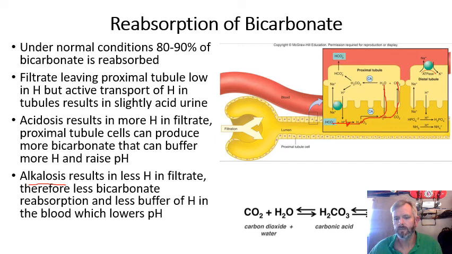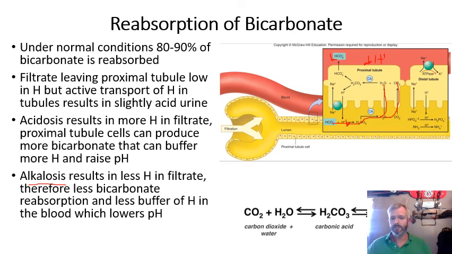So if there's lower amounts of this conversion, there will be lower amounts of bicarbonate reabsorption. And that's what we want to take place when there's low levels of protons. We want less of this. And so these cells will reabsorb less bicarbonate to help offset.